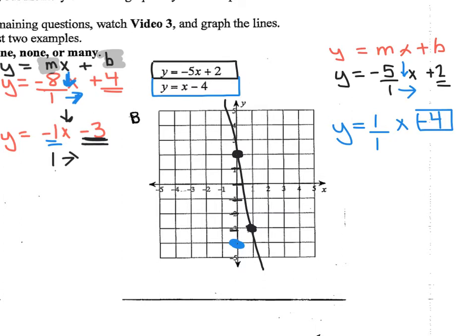Our slope is positive 1 over 1, so we're going to go up 1 and right 1. So go up 1, right 1. You can see where your lines cross, so we will write our solution as the point 1, negative 3.